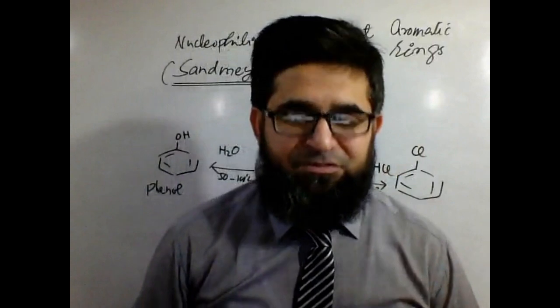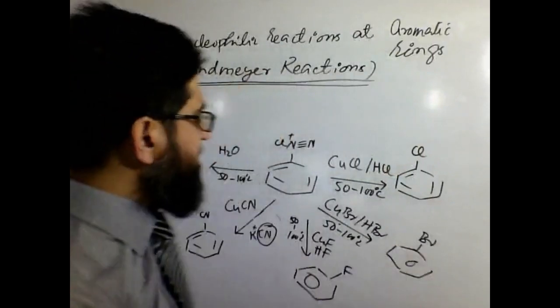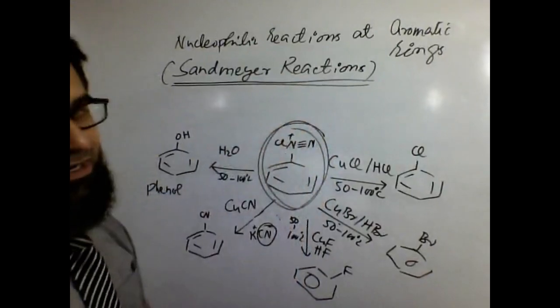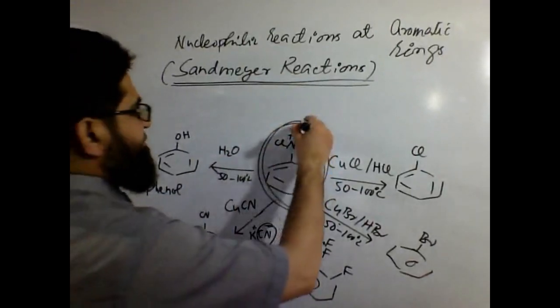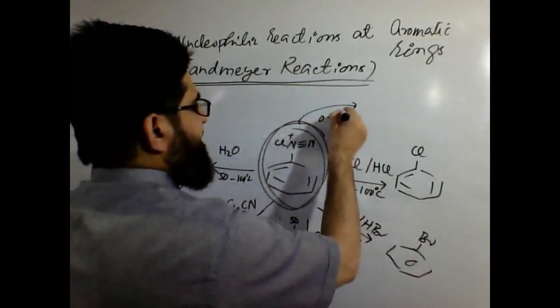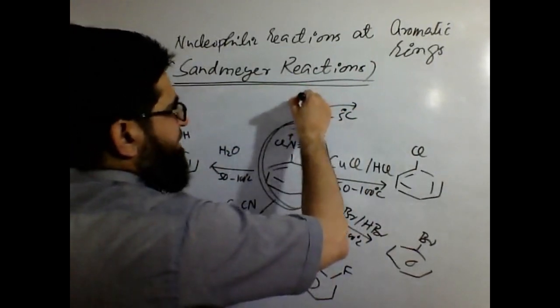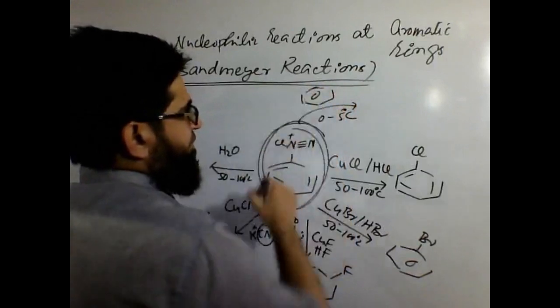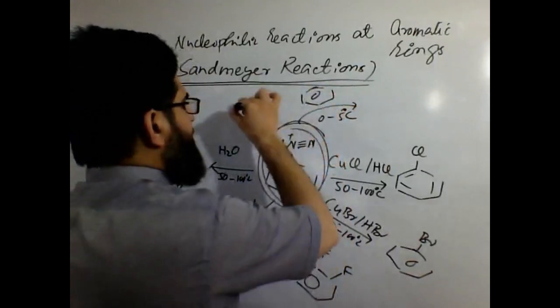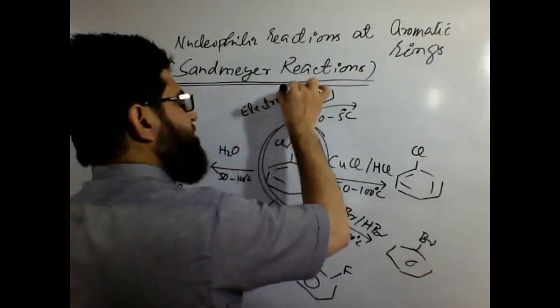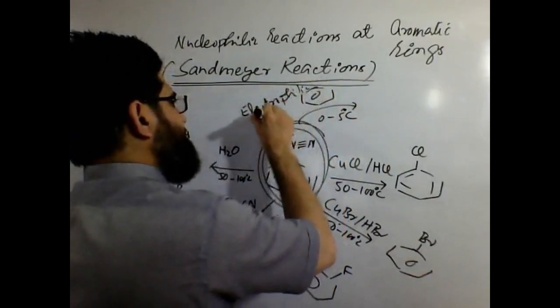So this is one aspect, one reactivity pattern of diazonium salt. If we keep the temperature from 0 to 5 degrees, then it will remain stable, and if we put it in with any other aromatic compound, it can undergo electrophilic substitution.